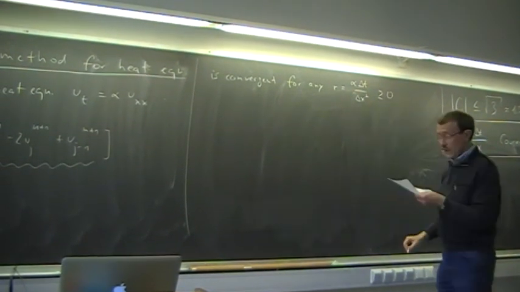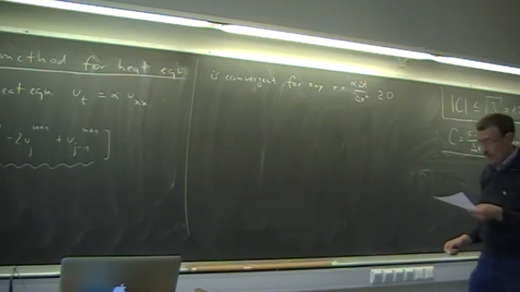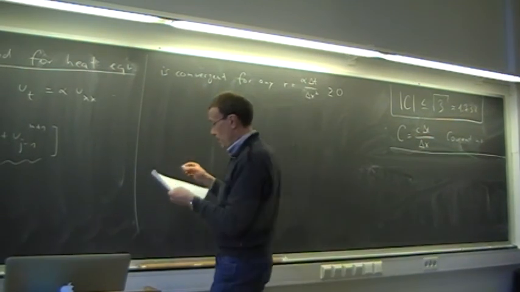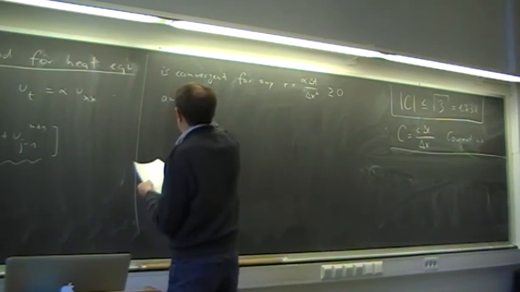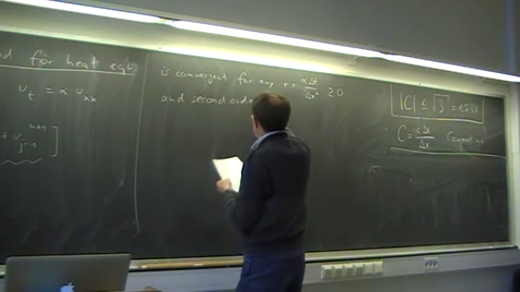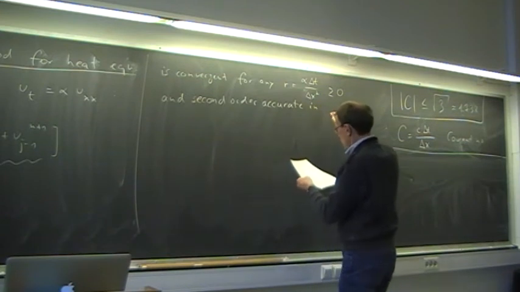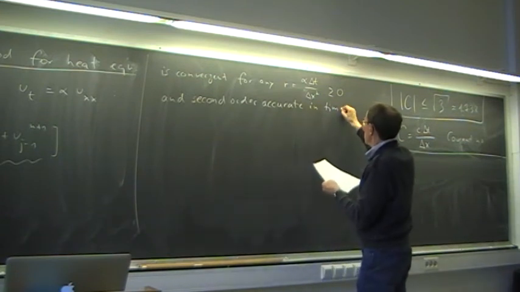So for any of these greater or equal to 0. And we should also show that the method is second order accurate in space and time, in space or in time and space, doesn't matter.